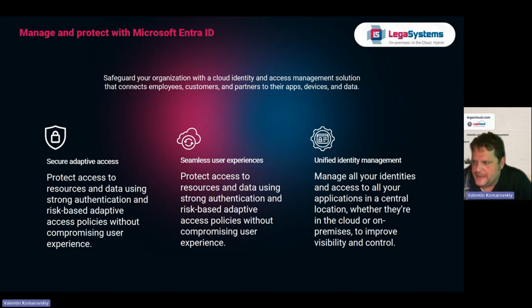And then unified identity management is important because there are so many connected apps and so many cloud apps and on-premise apps, especially if you're running in a hybrid environment. You want a single place to manage your identities and manage their access.